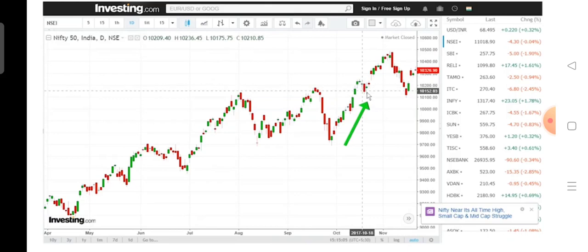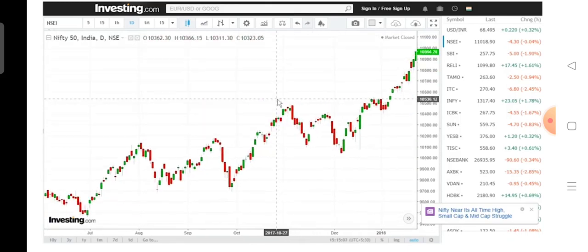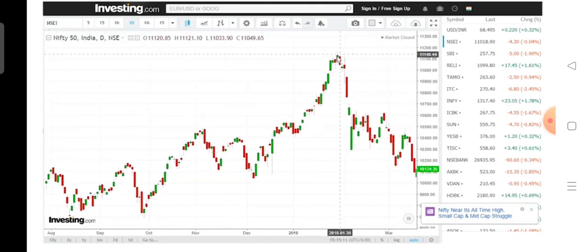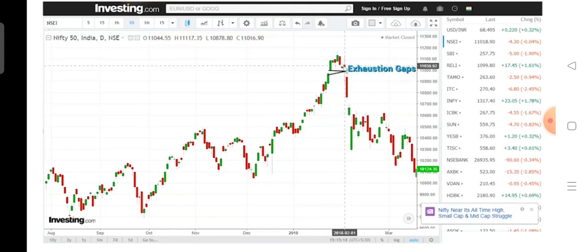In this small up move also there were many runaway gaps created. But here, after that up move, this gap was filled within the next few candles, and this was an indication that the market may move lower. So this was an exhaustion gap, right?